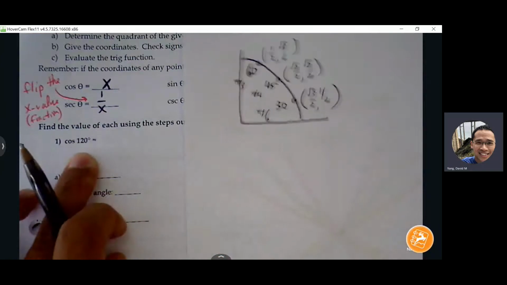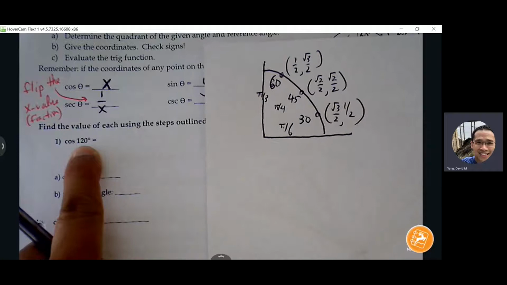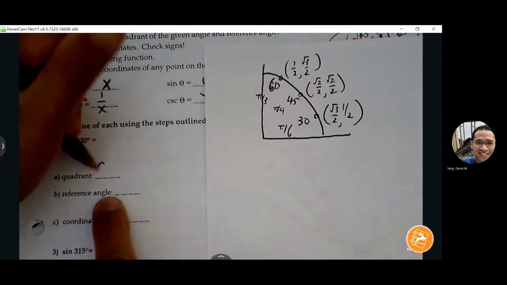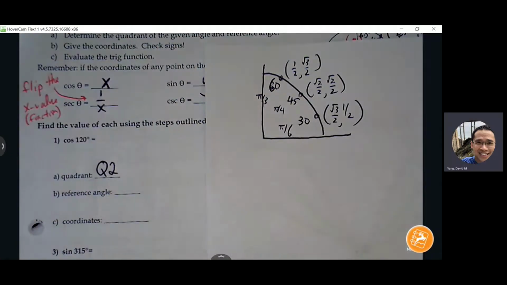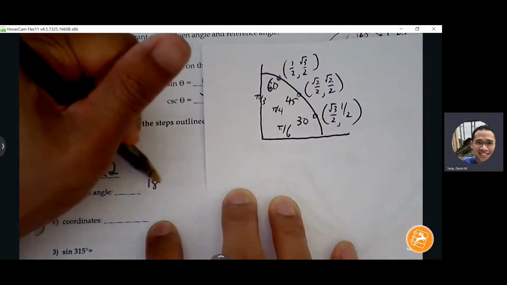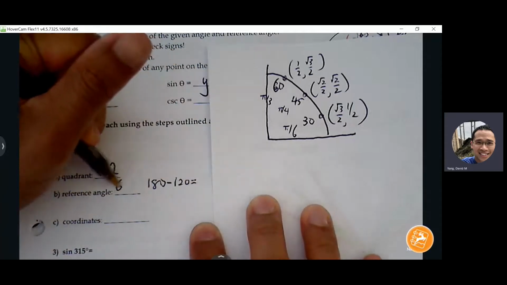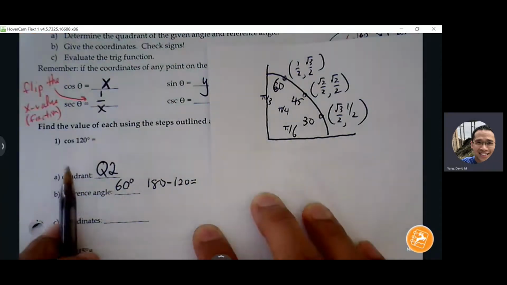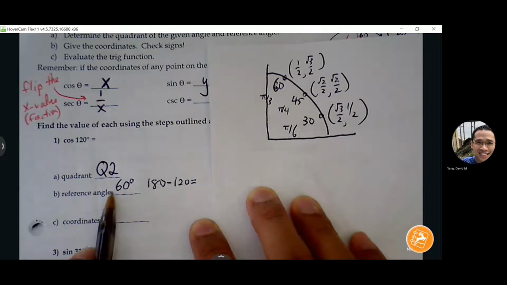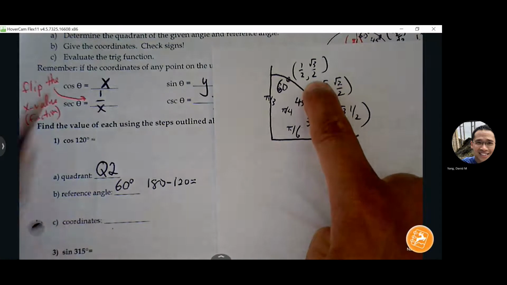Okay, so cosine of 120. First thing is, which quadrant is this in? Quadrant 2, right? 120 is between 90 and 180. Reference angle: in the second quadrant, I have to subtract from 180, so I get 60 degrees. With 60 degrees, you know what order pair you're dealing with. Go ahead and put that down.